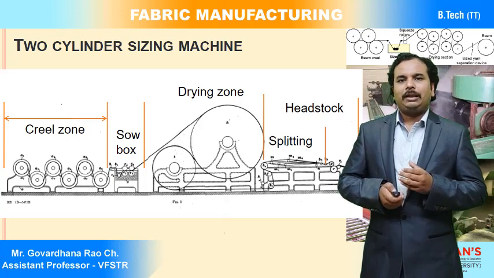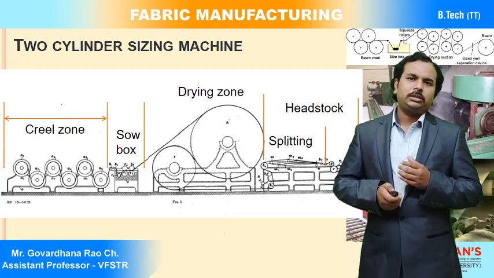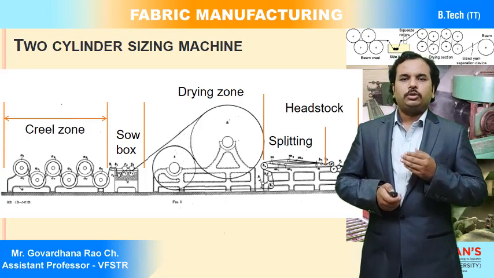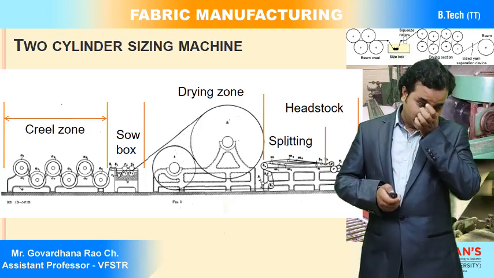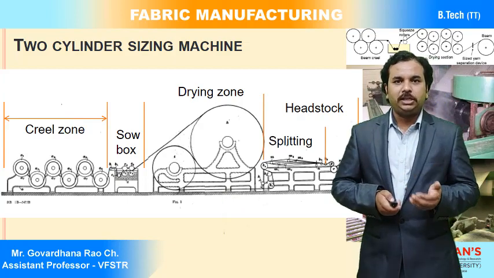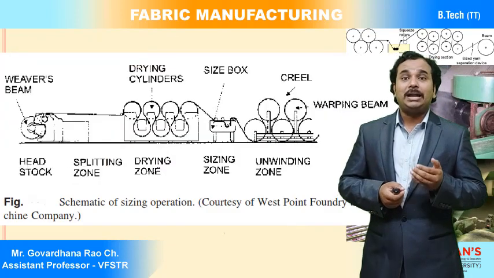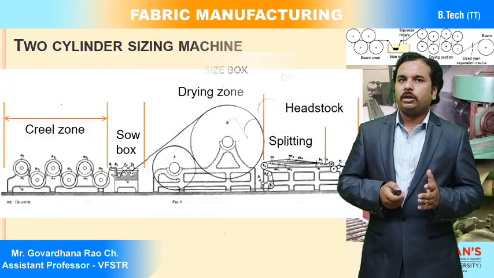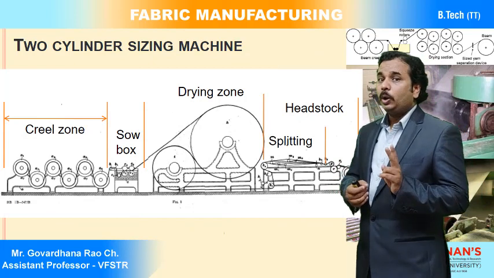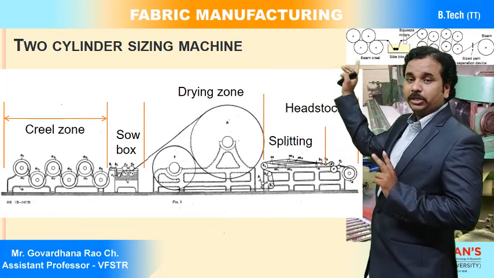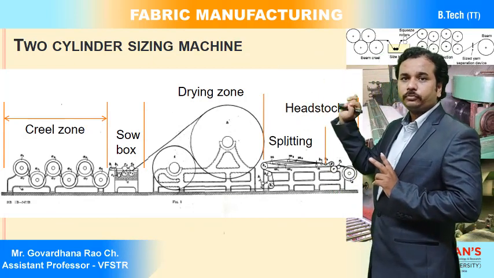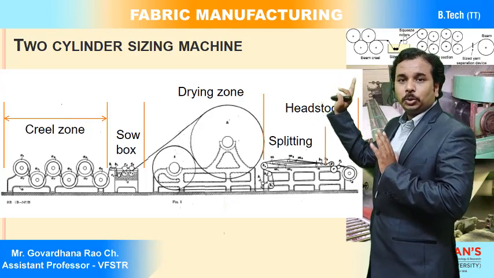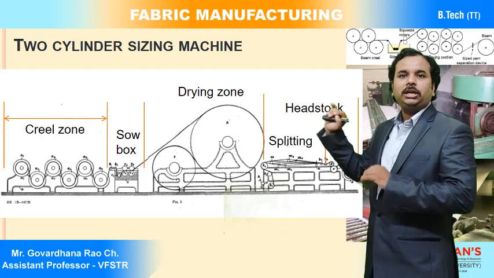So let us discuss each and every section. Before going to each zone, we will see what exactly the multi-cylinder sizing machine is. Why do we say 2-cylinder? Because there are 2 drying cylinders, one big cylinder and one small cylinder, to dry the wet warp sheet in the sizing machine.